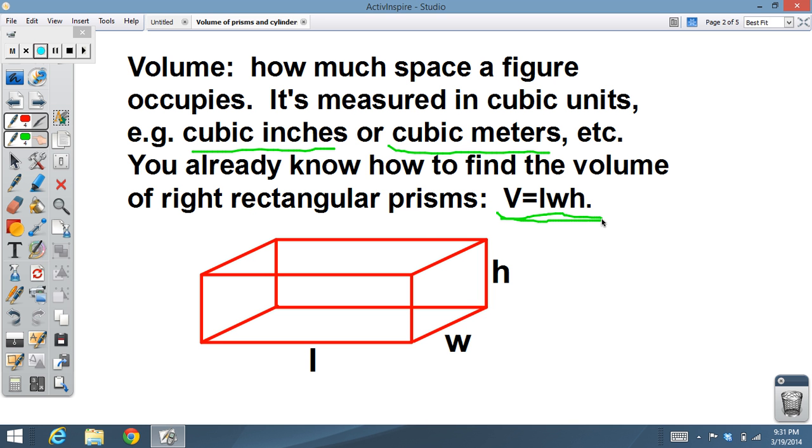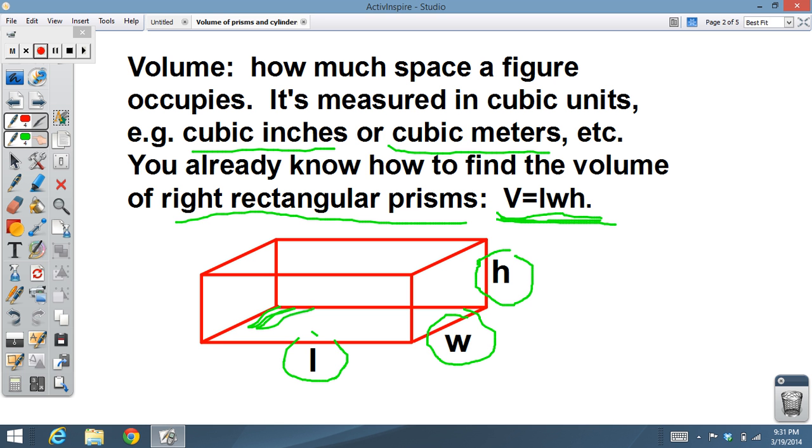You know that a right rectangular prism, like this one shown here, has a volume equal to length times width times height. You've always done that. What you've been doing, in effect, is taking the area of the base and multiplying it by the height.